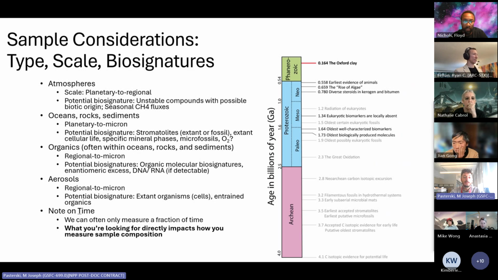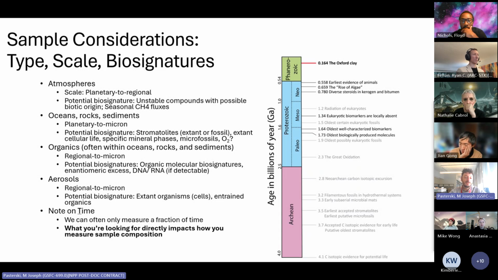You could also have, in the more planetary to even micron scale, things like oceans, rocks, and sediments, which again can have biosignatures that are in the rock themselves. You can have a biosignature that's in the ocean itself, such as potentially even oxygen as a biosignature. And then also specific mineral phases can be biosignatures, as well as extant cellular life for any of these cases. So these are all things to consider for astrobiology.